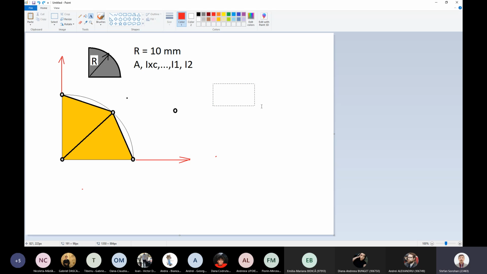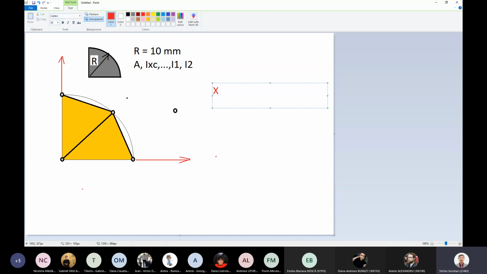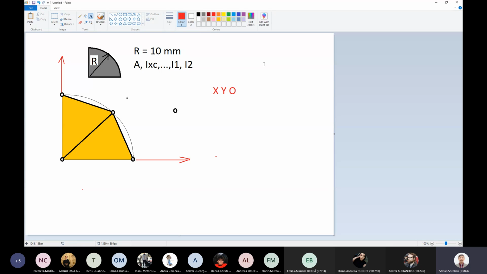Here, capital X, capital Y, and let's put the origin O. The origin is arbitrary, but it's easier to put it for this particular example exactly here. This is the x-axis, and this is the y-axis.